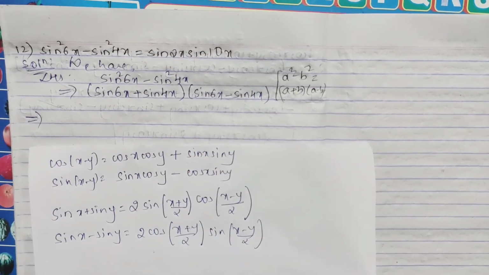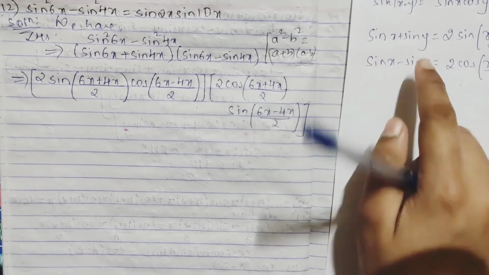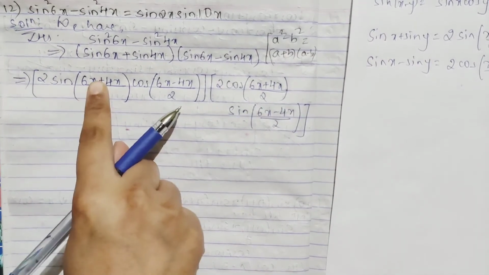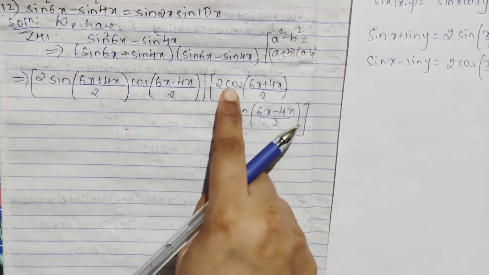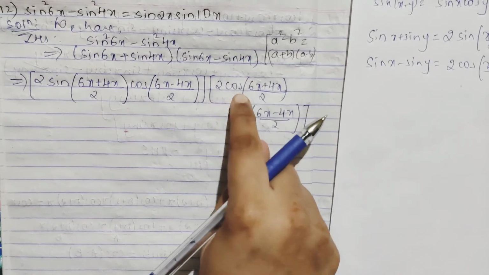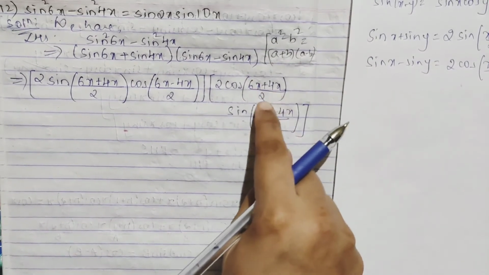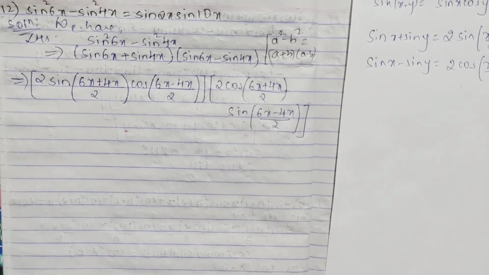See here, I have applied: twice of sin of 6x plus 4x divided by 2, cos of 6x minus 4x divided by 2. Now sin x minus sin y is 2 cos of 6x plus 4x divided by 2, sin of 6x minus 4x divided by 2. Now just solve this.